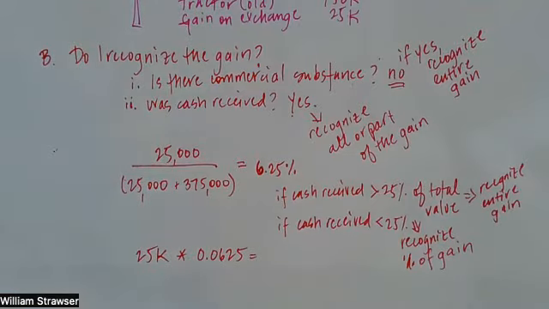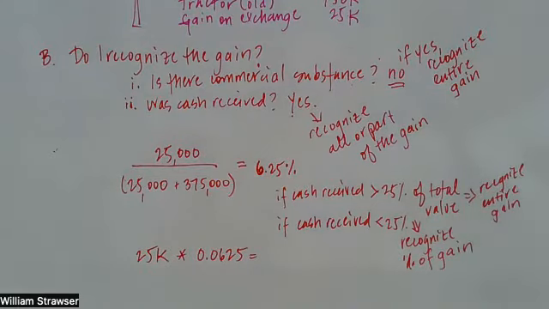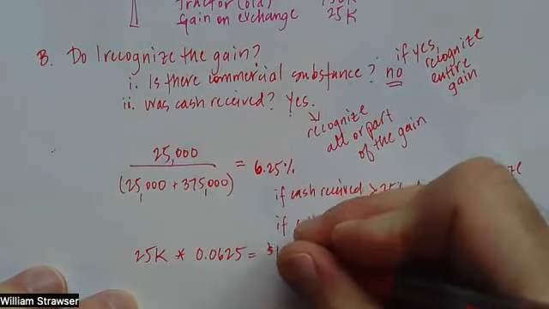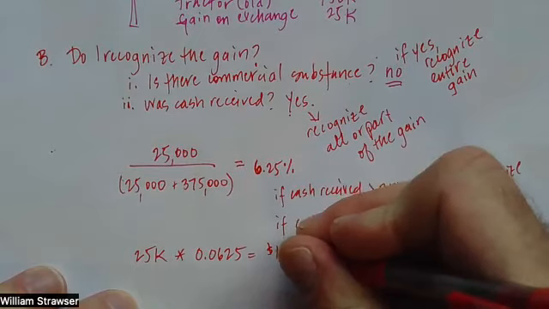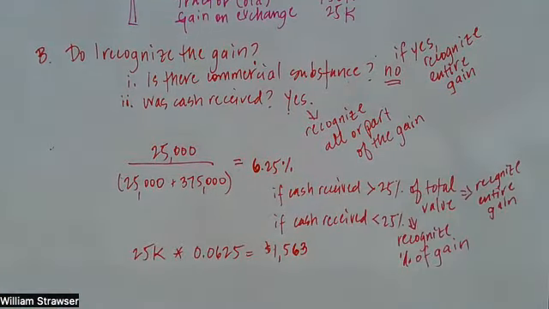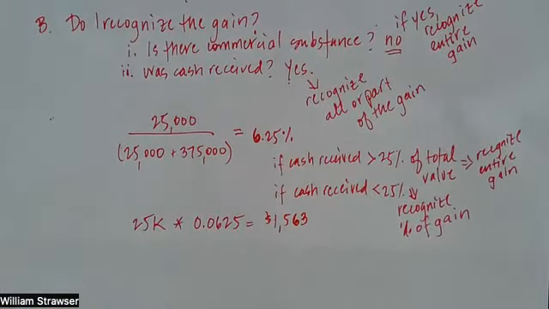And it says that I can recognize $1,563 if I round. It's like 1,562.5, but we'll just round it up to 1,563. So that's what I can recognize.